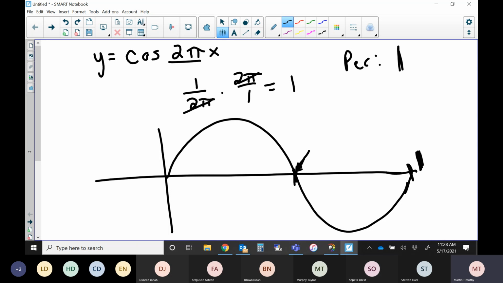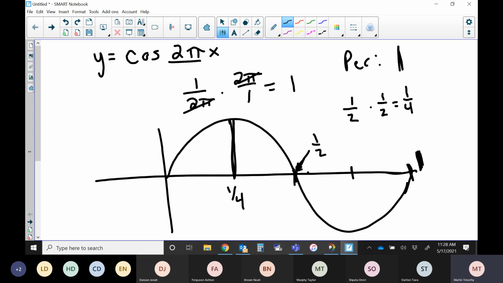What's halfway to 1? 0.5. Yep, so 1/2. Where does this maximum happen? What's half of half? 1/2 divided by 2, or times another 1/2. Half of a half is a 1/4.